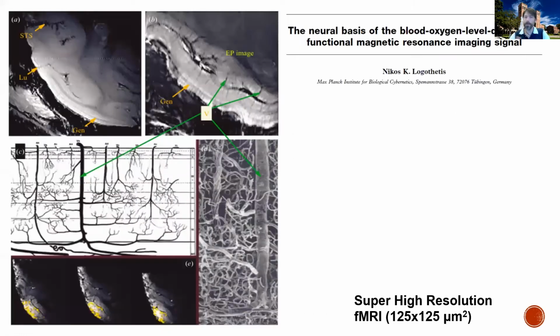Just to give you an example of the same thing, but done in much higher resolution, Nico Logothetis, who at the time had a 7 Tesla animal non-human primate machine, did a very similar experiment. In the A quadrant, you are seeing a slice of brain, and it's very oxygenated.